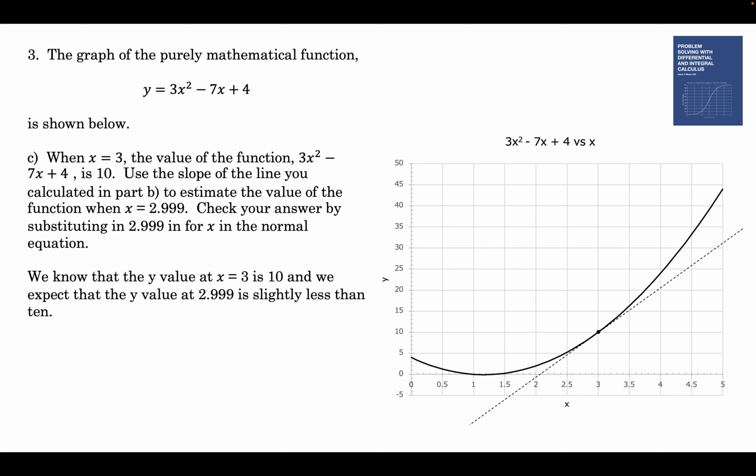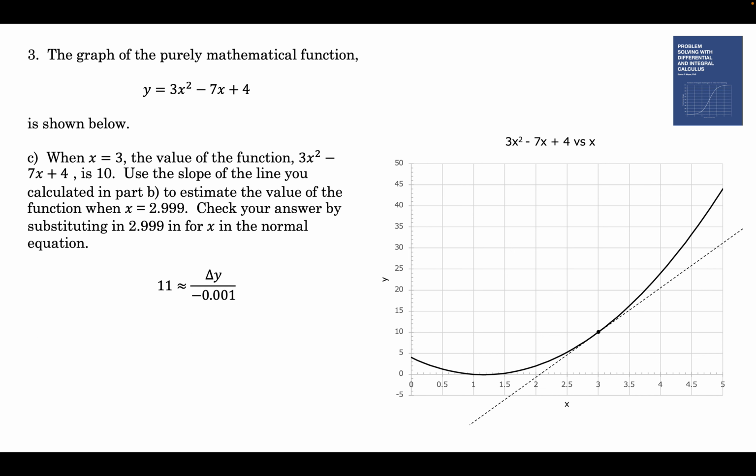So we know the value at x equals 3 is 10. We expect that the value at 2.999 is a little bit less than 10. Delta y less than 10. And we're going to use the slope to calculate delta y, because the slope is delta y over delta x. It's exactly dy dx. But if we're going to go away from the curve, and we're going to use a straight line, we should say it's about delta y over delta x, because the curve is curved.